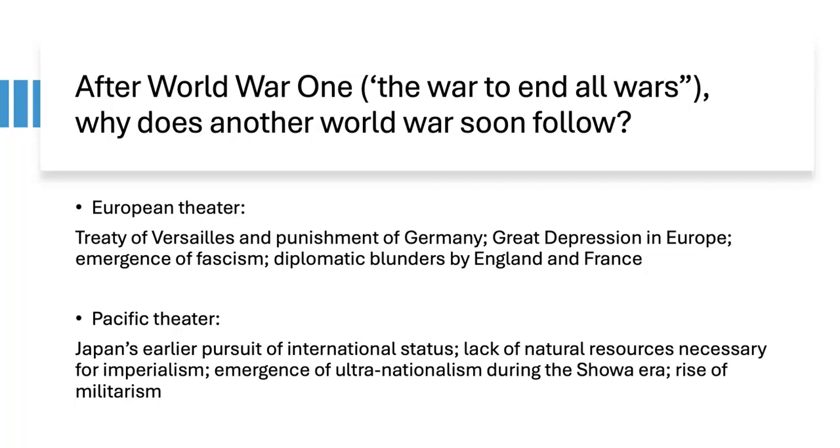Now, it's important to discuss, at least briefly, the underlying causes of World War II, even within the European context, within the European theater. And by the way, why discuss the European theater when the focus of this class is the conflict between two imperial formations in the Pacific?